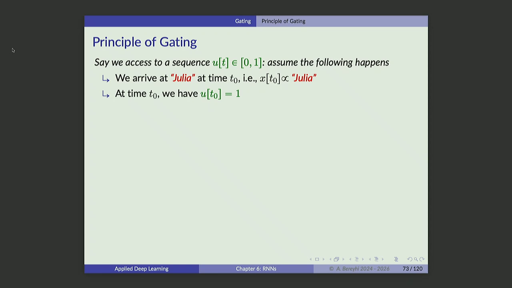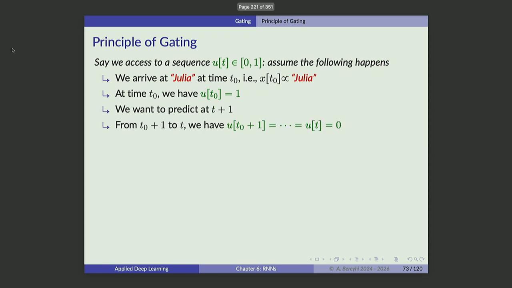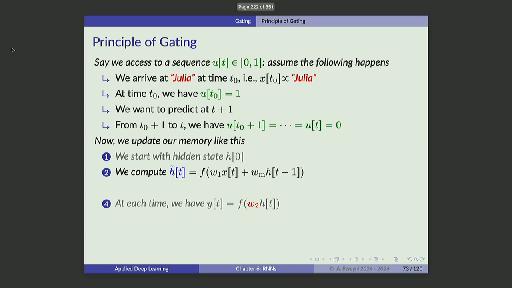So u, this extra auxiliary variable I defined, is 1 now. How do I update my memory then? I'm going to update it this way. I compute whatever I had as before: the previous memory multiplied by its own weight, the input times its own weight, activated. Look at line 2 here.